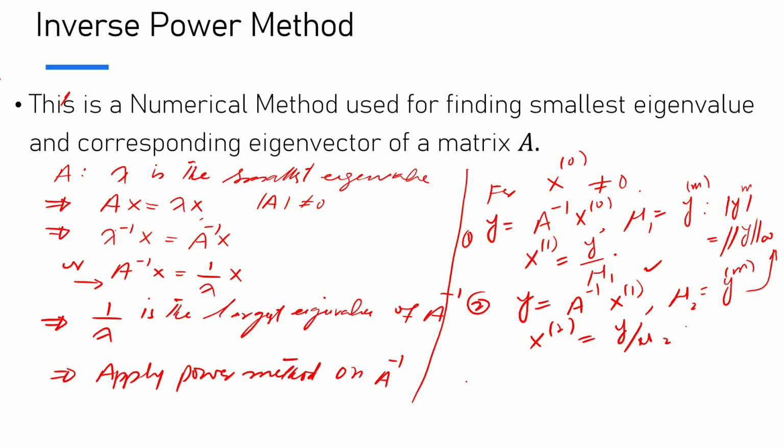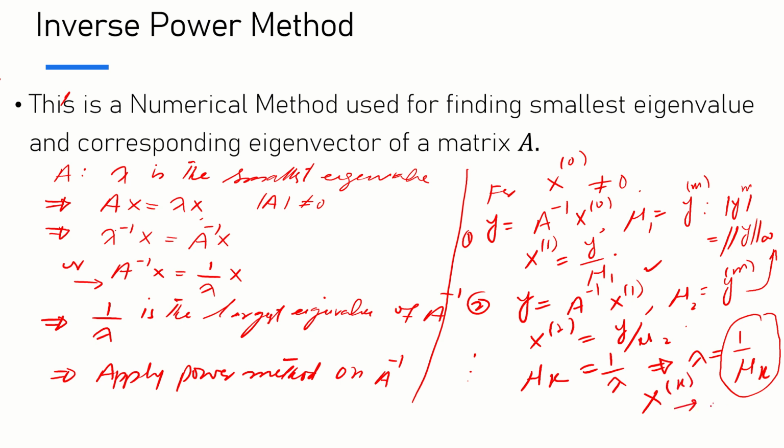That concludes the second iteration, and so on. Once we have found mu k, mu k will be basically the largest eigenvalue, which is 1 over lambda, but we are interested in lambda. So lambda will be 1 over mu k. So 1 over mu k will be the smallest eigenvalue, whereas x k will be the corresponding eigenvector.